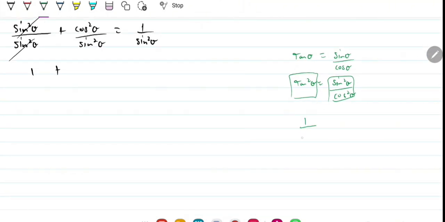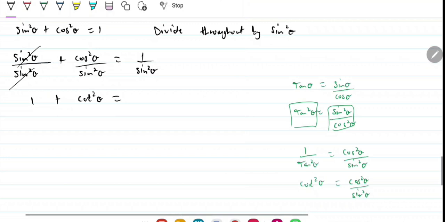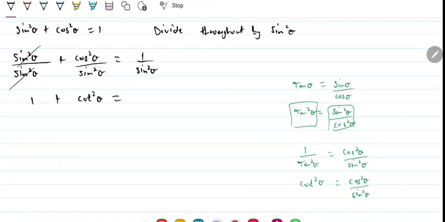So 1 over tan squared theta is equal to cos squared theta over sine squared theta, right? And cot was 1 over tan. Remember that. So 1 over tan squared theta will be cot squared theta. Right? So that's plus cot squared theta, and that's equal to 1 over sine squared theta, right?